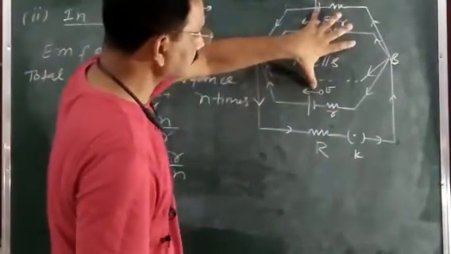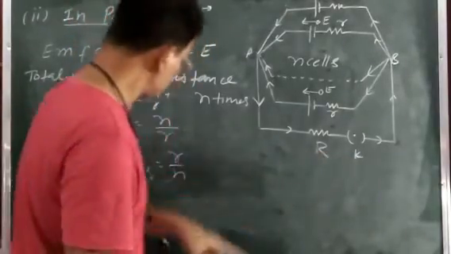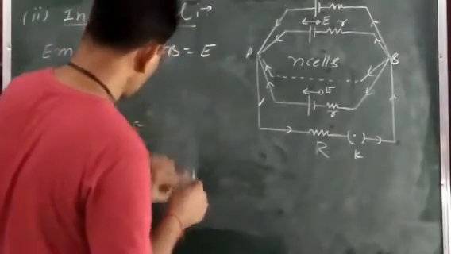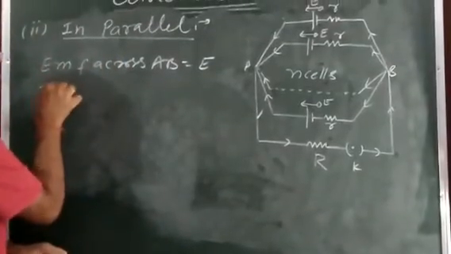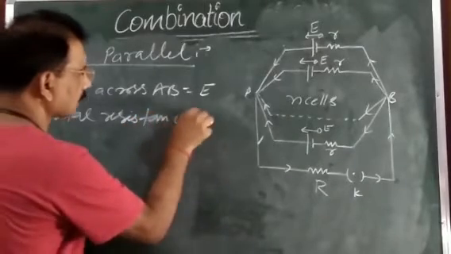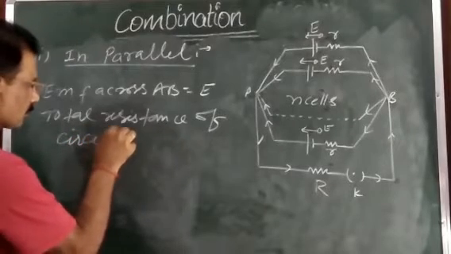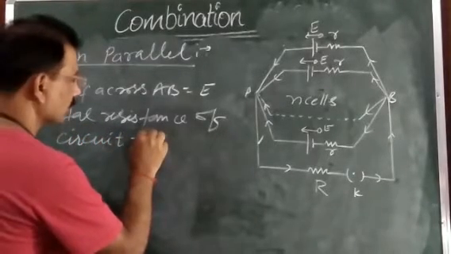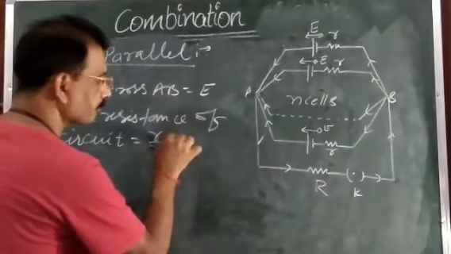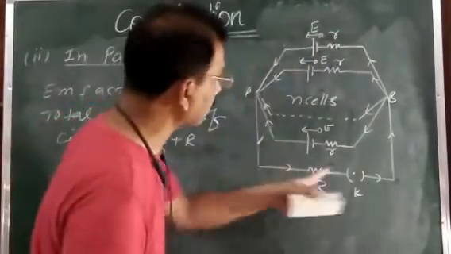So the total internal resistance of all these cells is R by N, and this internal resistance is connected in series with the capital R. So the total resistance of the circuit is R by N plus capital R. This is the total resistance of the whole circuit.